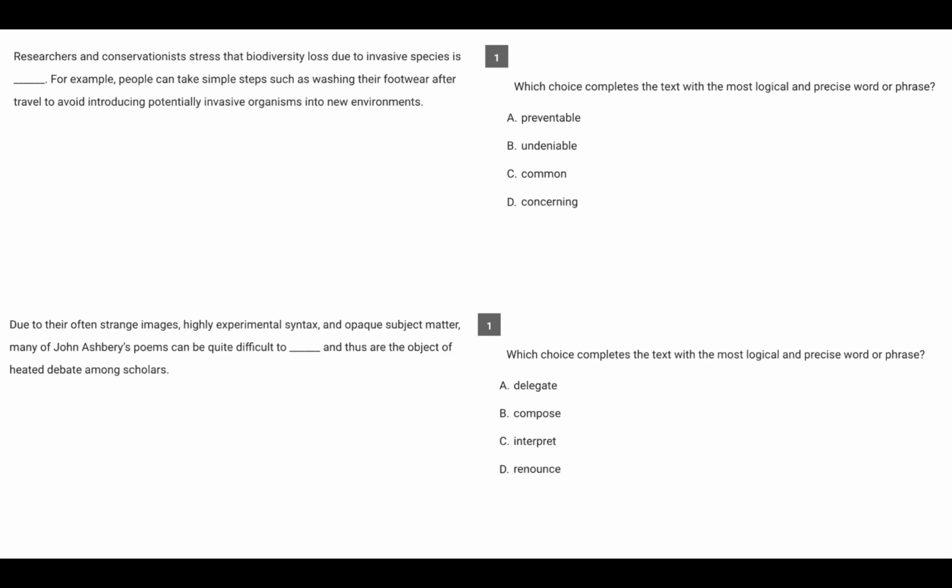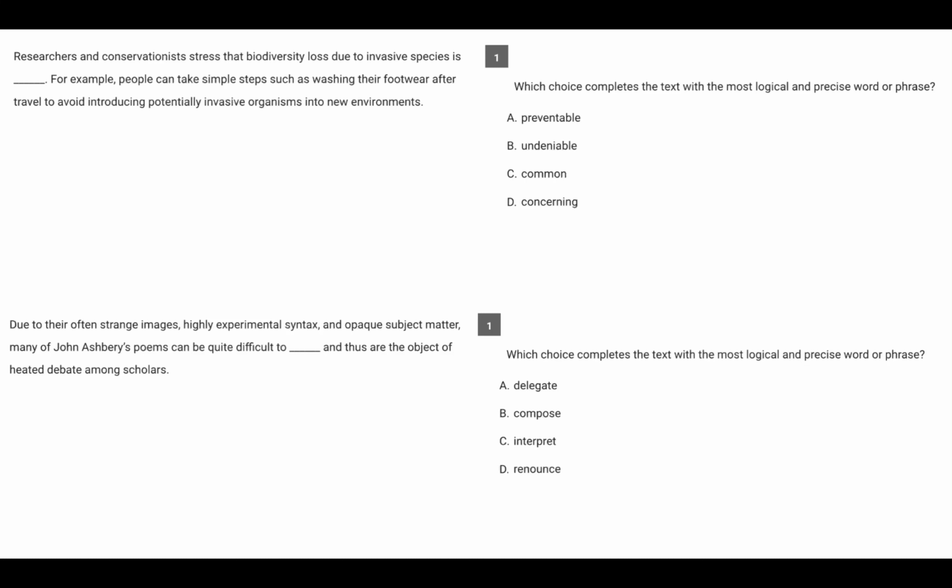Now, let's look at the first sentence. They say it has strange images. It has highly experimental syntax. Well, as an international student, I don't really know precisely what highly experimental syntax is, but that won't stop me from answering this question correctly. So it has strange images. Logically, strange images can be quite hard to understand.